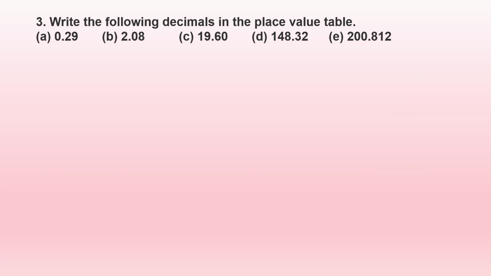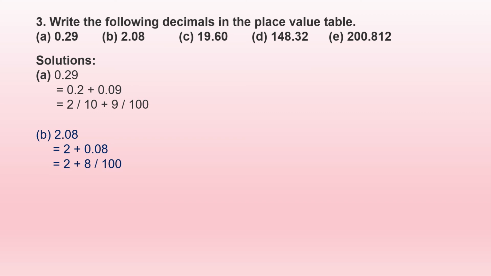Write the following decimals in the place value table. So we should draw the table. 0.29. So we have 2 in tenths place, 9 in hundredths place. That's all.